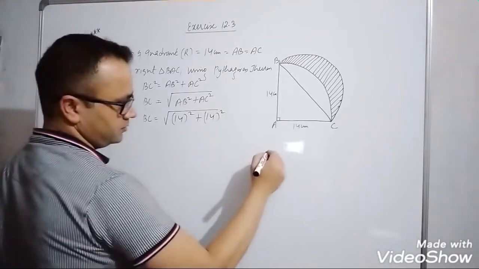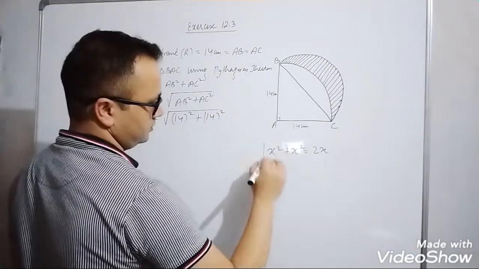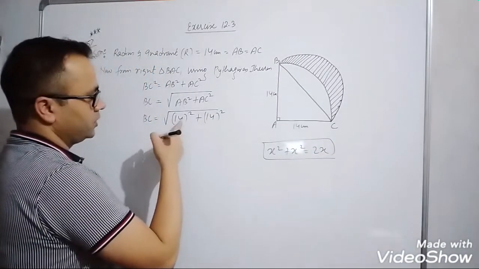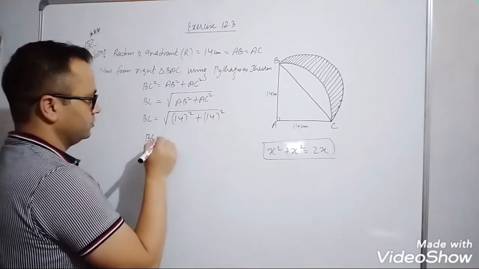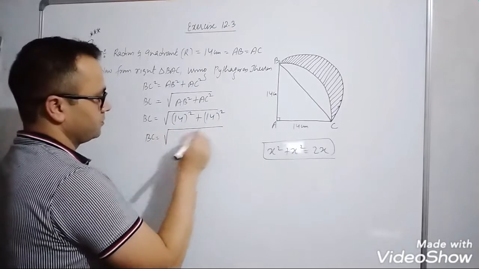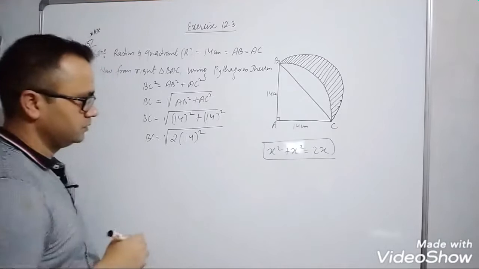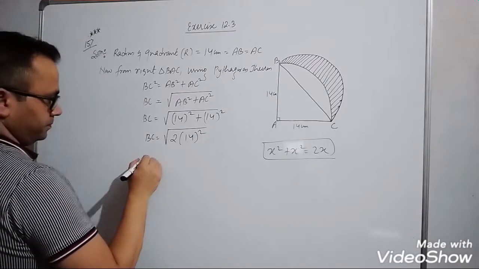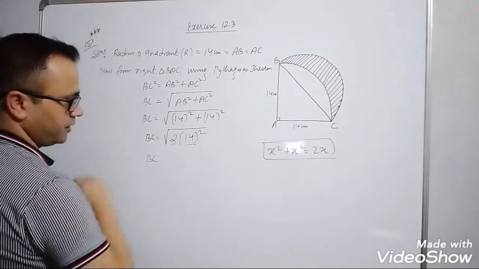If x square plus x square is 2x square, similarly we can see that 14 square plus 14 square is 2 times 14 square. So BC equals to root over 2 times 14 square. Now 14 has a pair but 2 doesn't have a pair.